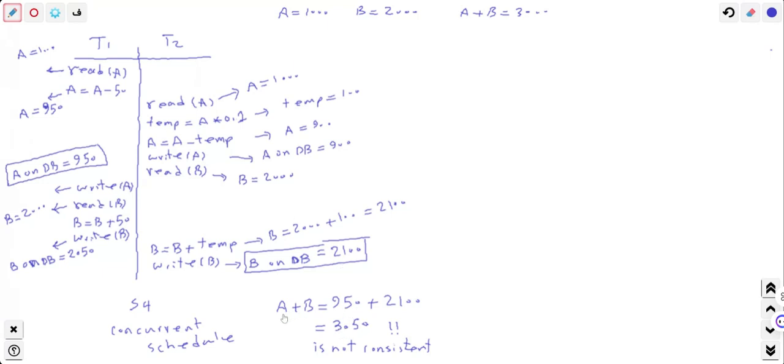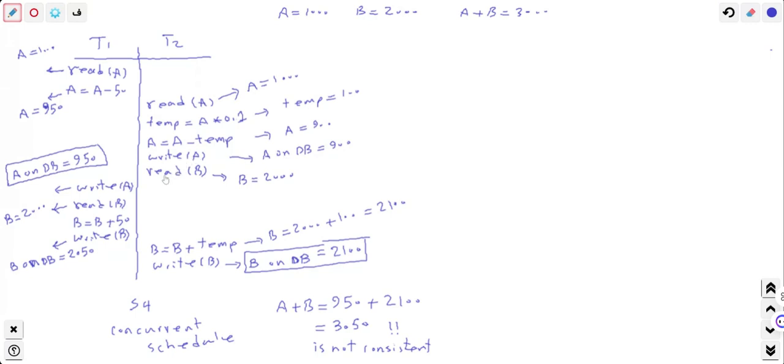We should see the last value on the database for A and B. As you see here, we read A, then the second operation from T1, and then we go to read A from T2, and the first write on A is this, which is 900. So the first value that has been written on A is 900.